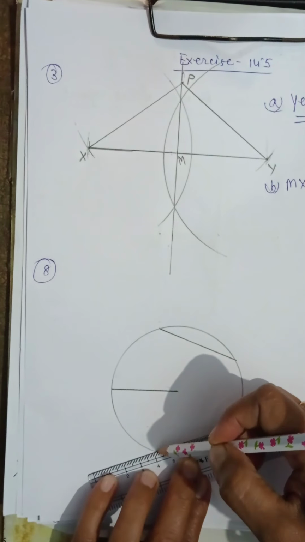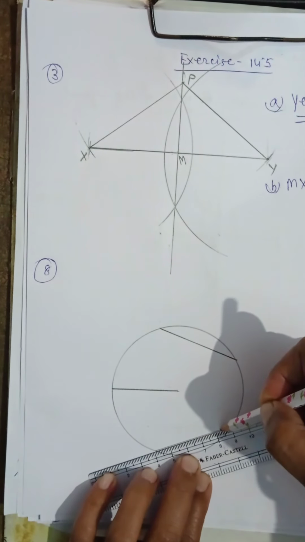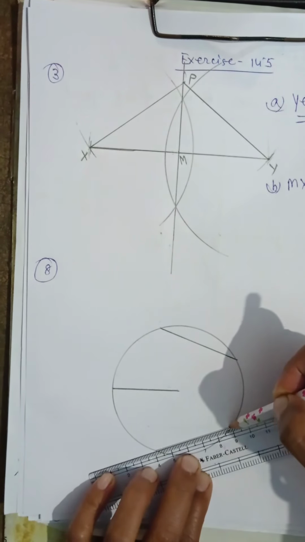Here you have asked, if you are bisecting these two chords, where will they meet or what will happen to them? Let's see. First I am going to bisect this chord. Again I am taking more than half. See, you have to assume this one. Yes, I am taking more than half of this line segment, that chord. Okay, let's draw the arc with the same radius.